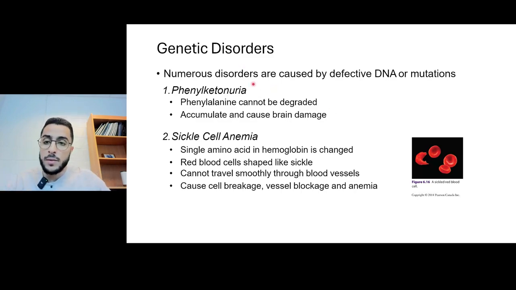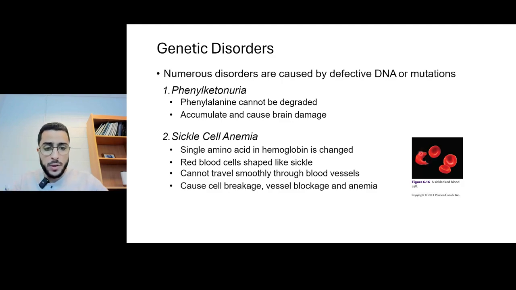Another disorder related to proteins: we talked about phenylketonuria, which can cause brain damage. But there's another disease called sickle cell anemia, which is just a single amino acid change in the hemoglobin that leads the hemoglobin to switch shape from a globular shape to a sickle shape, a shape like this.